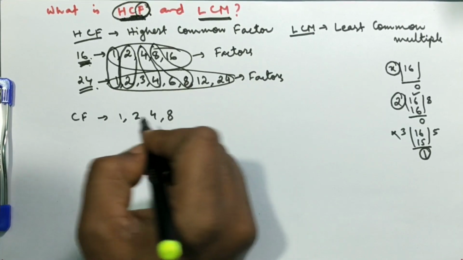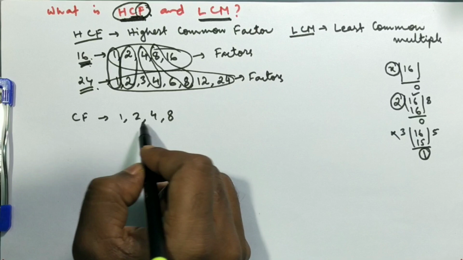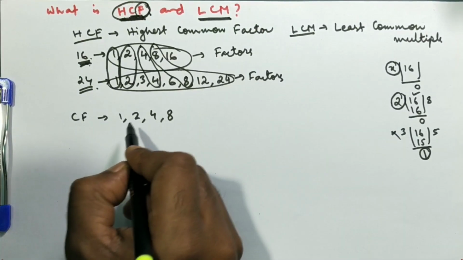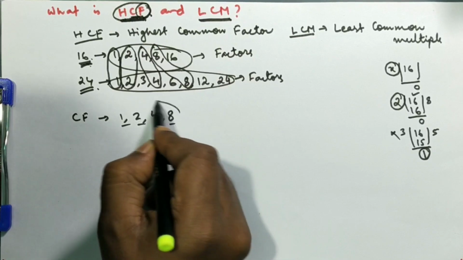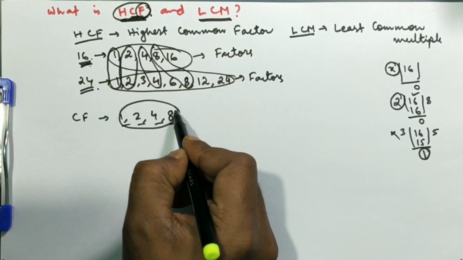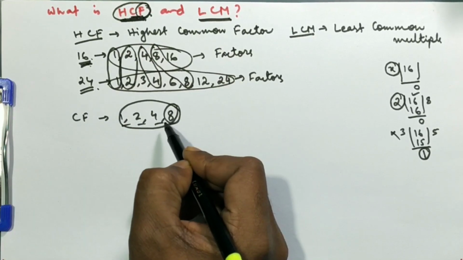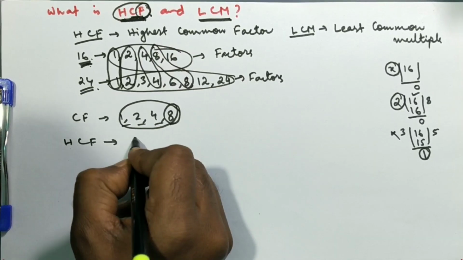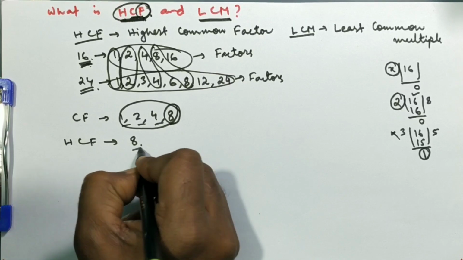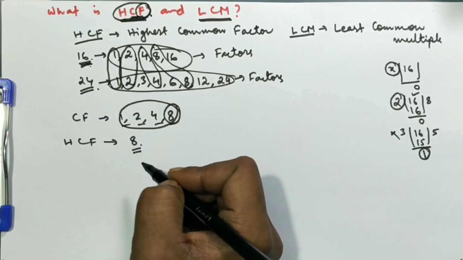These are the common factors of these two numbers. Now in these common factors, 1, 2, 4, 8, which is highest? That is 8. Here you can see, so highest common factor is 8. So this is the basic concept of HCF.